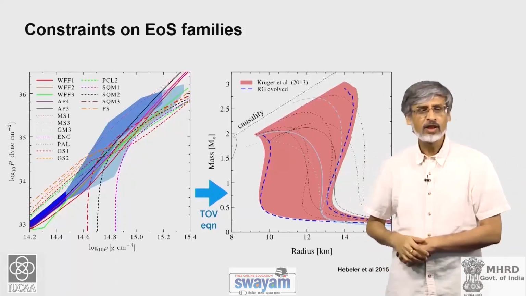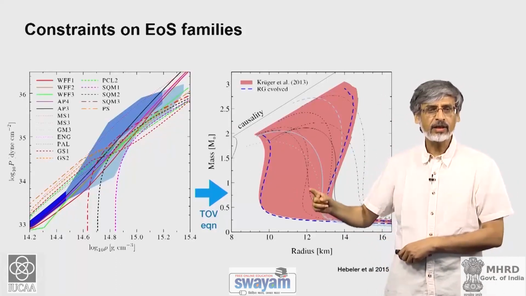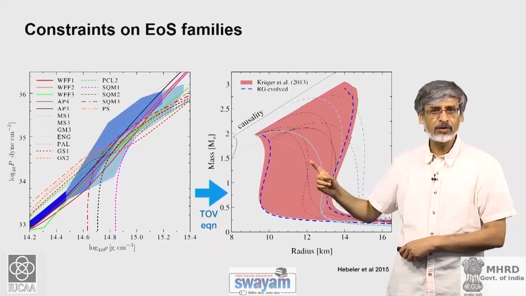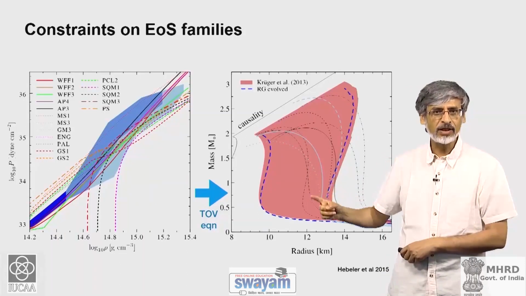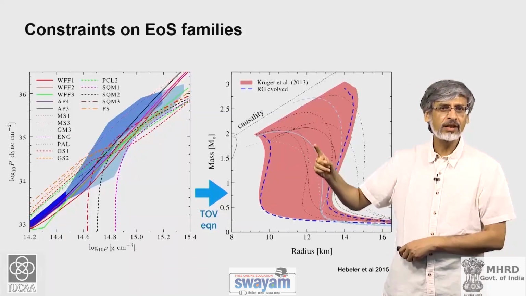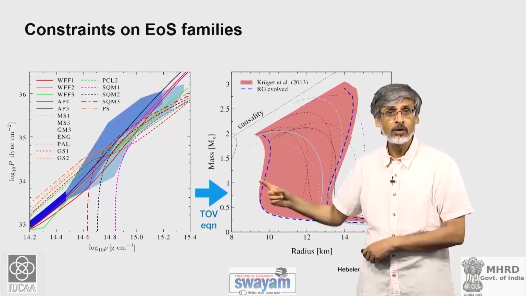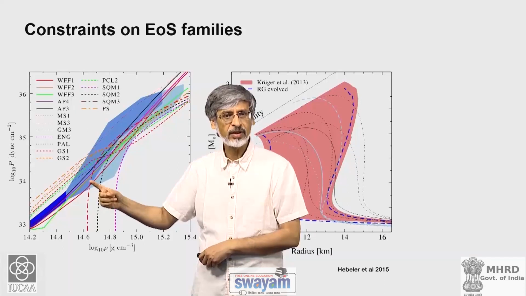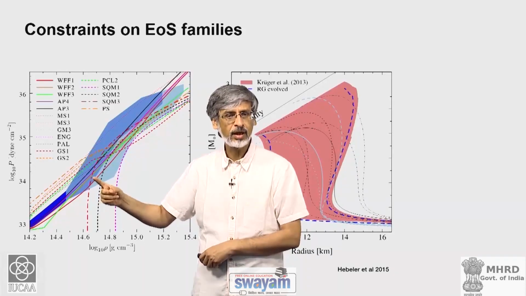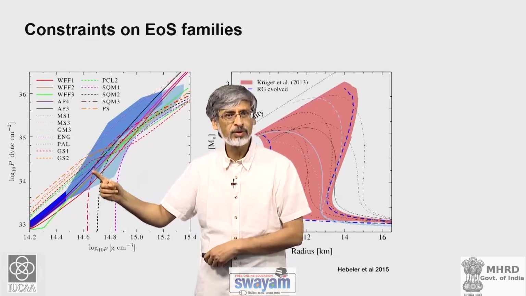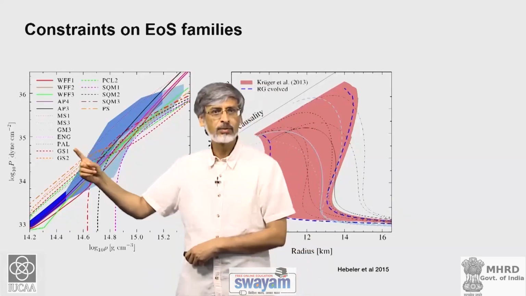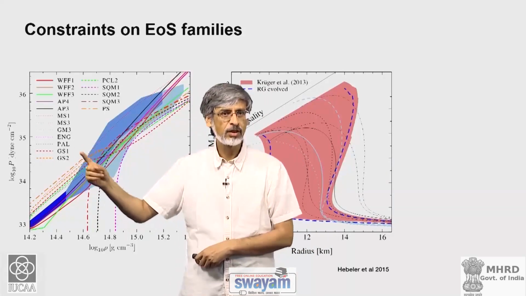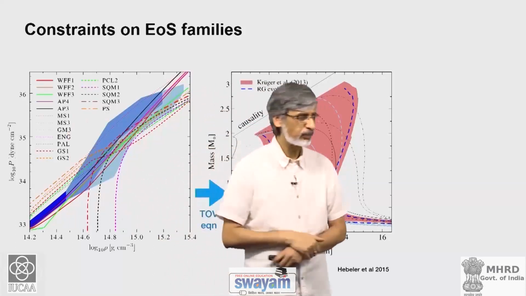So, if by observations of neutron stars one can establish which mass radius relation neutron stars actually follow, we would have then placed a constraint on the equation of state and perhaps chosen one of these possible relations which are enlisted over here.